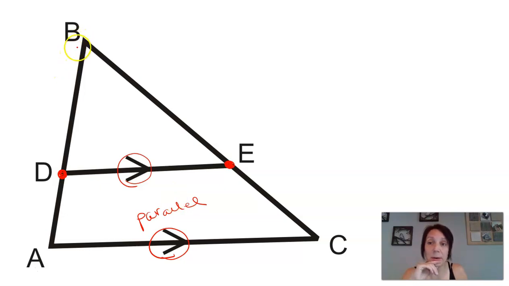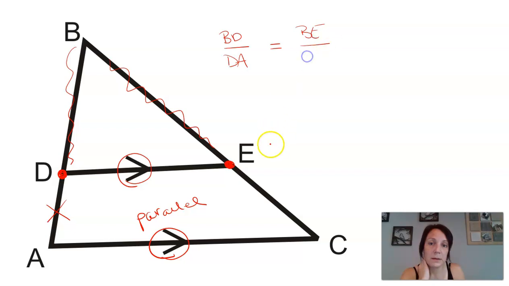I can set up a ratio of this side length, BD, to the other chunk, DA. And I know that it has to match the ratio on the other side: BE to EC. And this is going to look a heck of a lot like the similarity problems that we did in the last section, right?